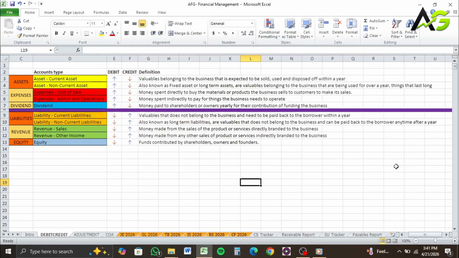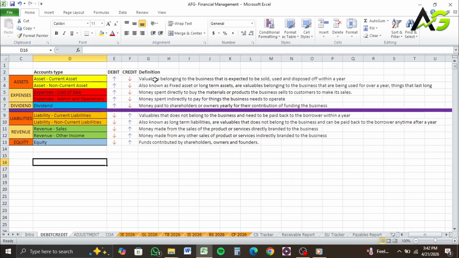As you can see on the screen, I've drawn out a table that would help everybody in doing the normal accounting recording.